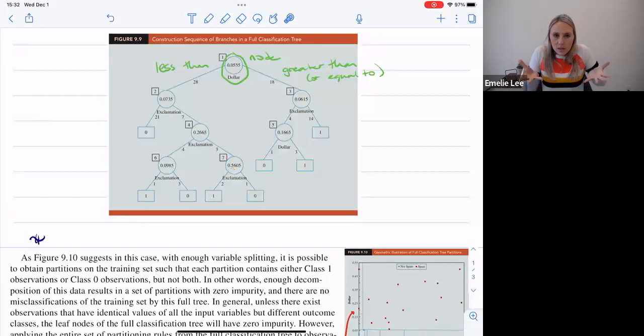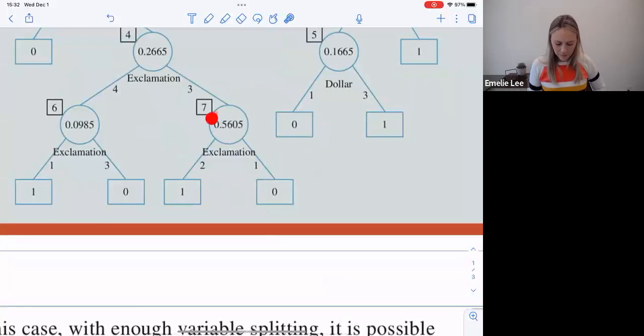What we would do is basically lump these all up. For node number 7, instead of having the rule that if it's less than 0.5605, then you're going to be in class 1, and if it's more than that, then class 0, we're going to look at the fact that 2 out of the 3 were 1s. So if you find yourself heading down this path, you're going to be classified as a 1 because the majority of these points were 1.